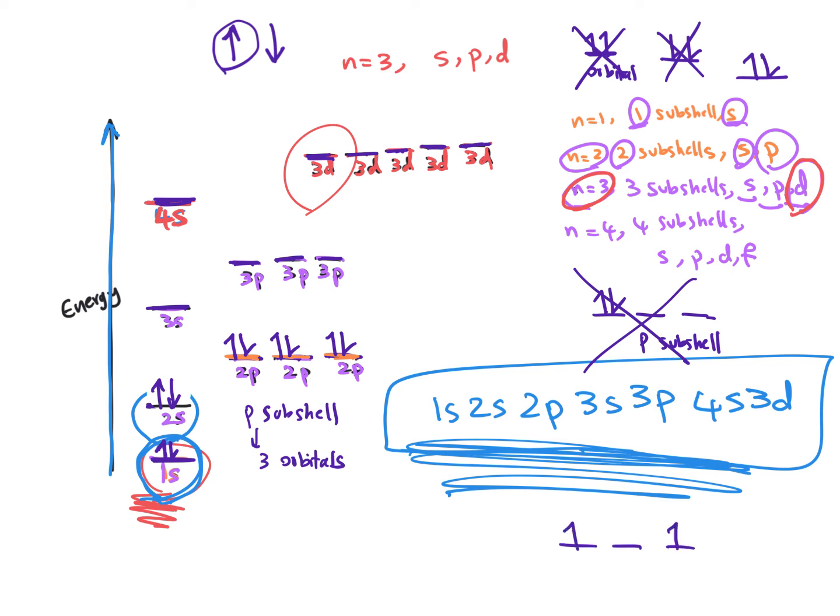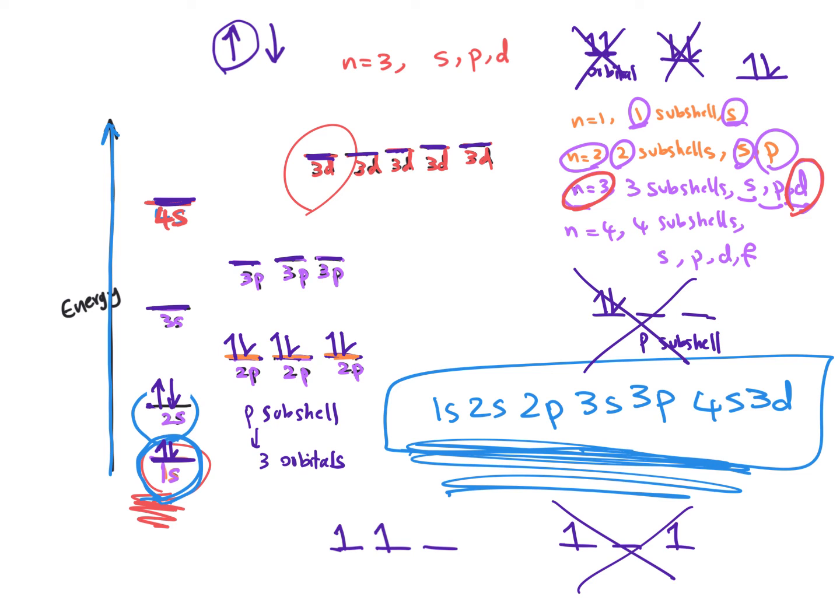What you do is first start from the first orbital here and then put the next one here. So when we have orbitals with the same amount of energy, we fill the orbitals singly first and then we pair them up. Does that make sense?